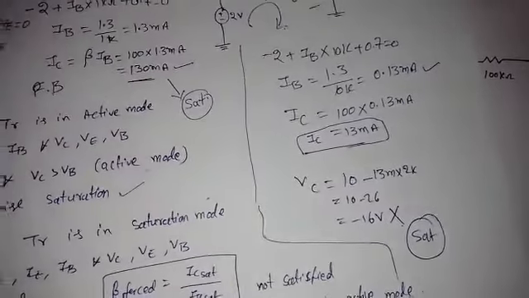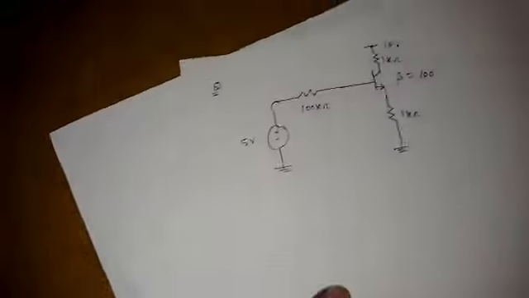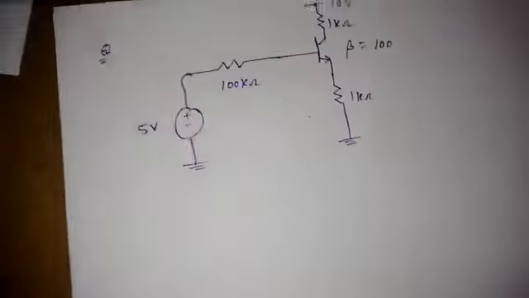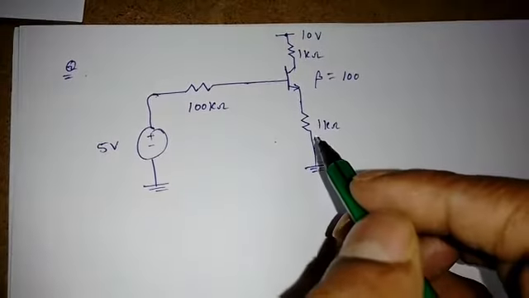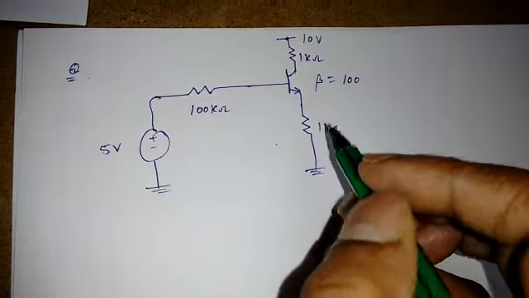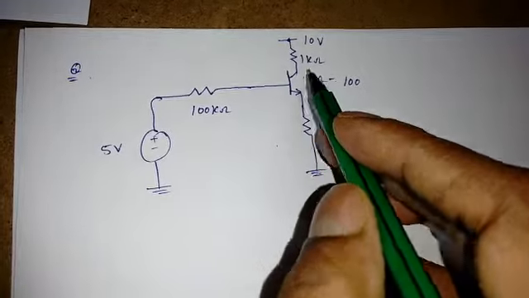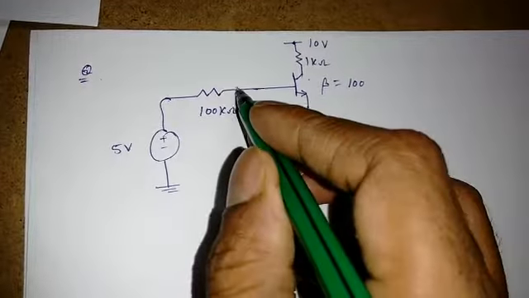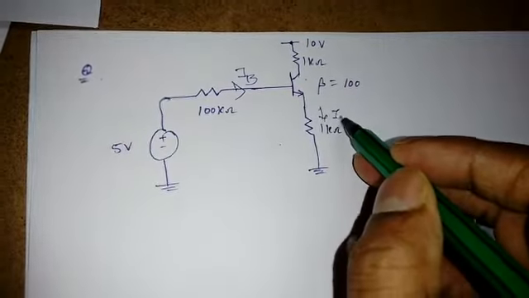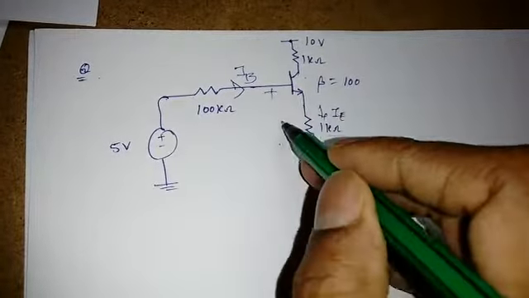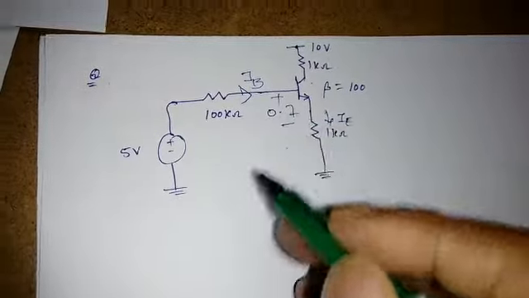So this is how to find the modes of operation. Next I am taking one more circuit. It is like this. So it is increased to 100 kilo ohm and one resistance is added at the emitter, and this is reduced to 1 kilo ohm. Now again this is IB, this is IE, and we are assuming that the transistor is in active region.